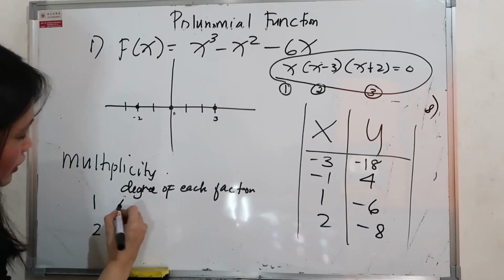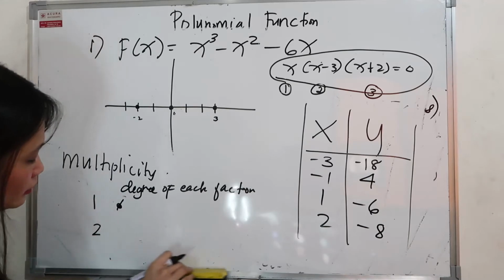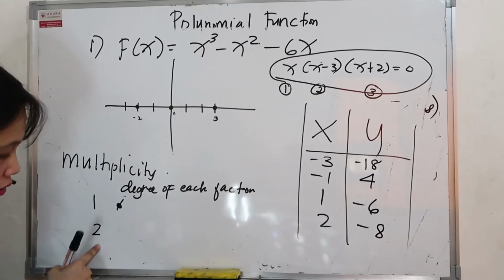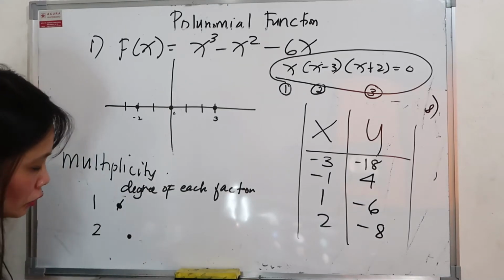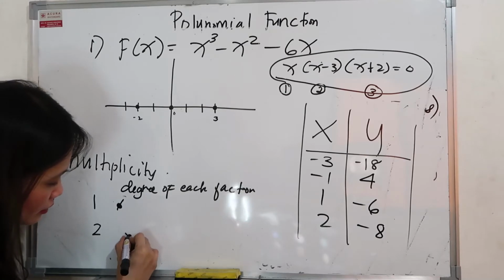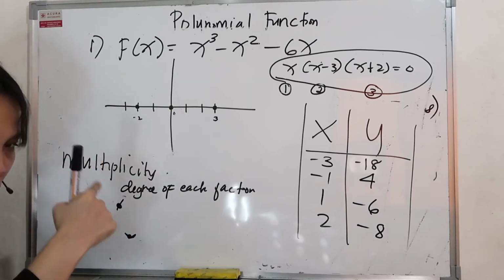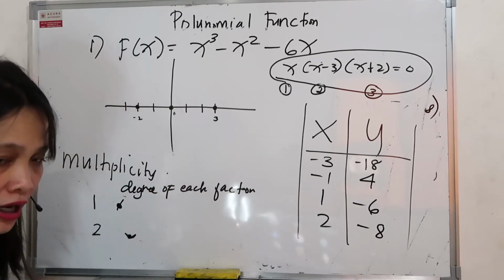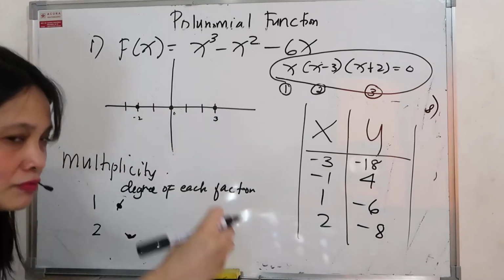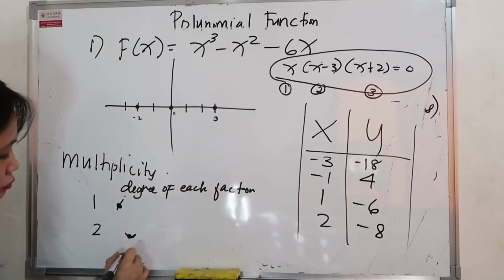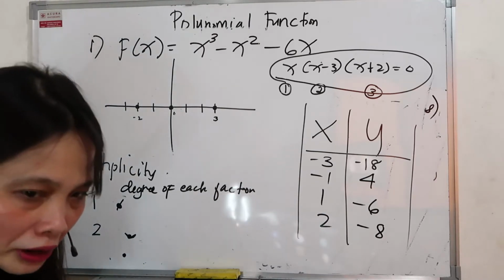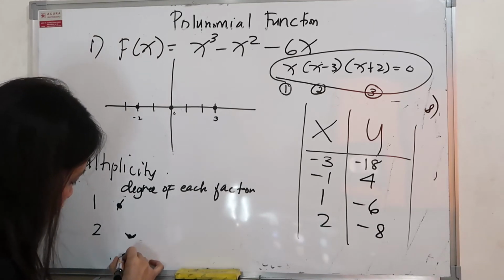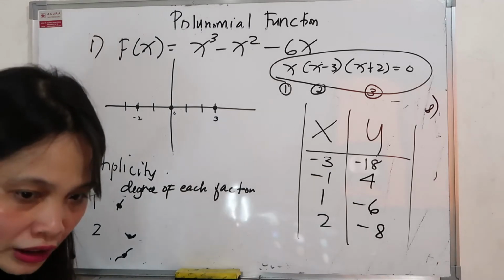If the degree is even, meaning 2 or more, then at the given point you need to draw something like a parabola, it bounces at the point. If the degree is odd, like 3, 5, 7, so how do we draw it? It needs to curve, meaning it will not touch the point, it goes outside of the point.